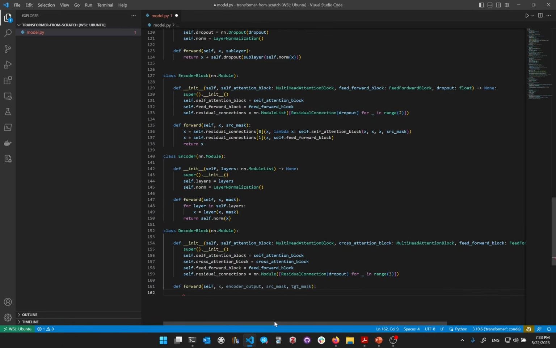So we have a source language, in this case English, and a target language, which in our case is Italian. You can call it encoder mask or decoder mask, but basically we have 2 masks. One is coming from the encoder, one is coming from the decoder. So the source mask is the one coming from the encoder, so the source language, and the target mask is the one coming from the decoder, so the target language.